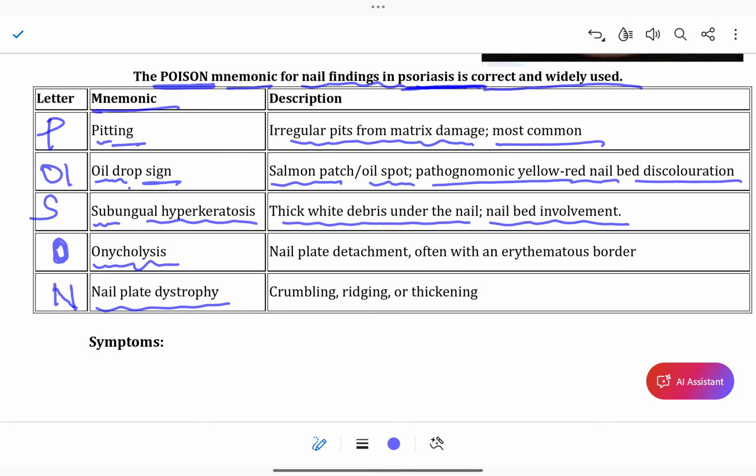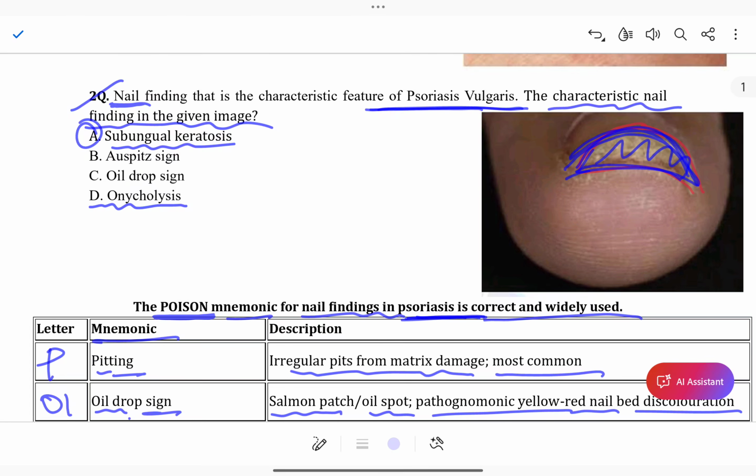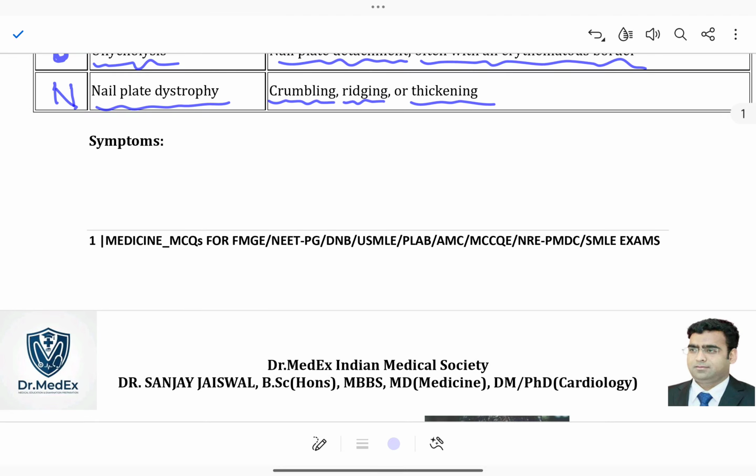Onycholysis: nail plate detachment, often with an erythematous border. Nail plate dystrophy: crumbling, ridging, and thickening. These are a few important points about subungual hyperkeratosis.